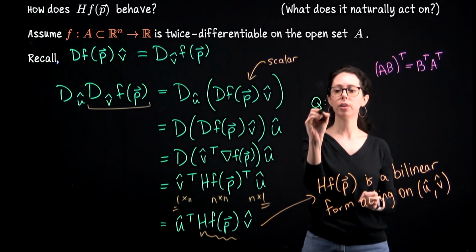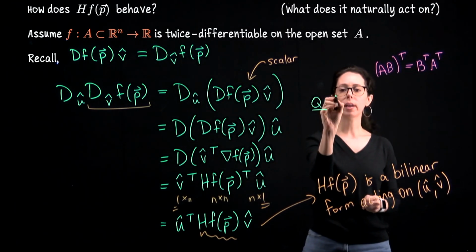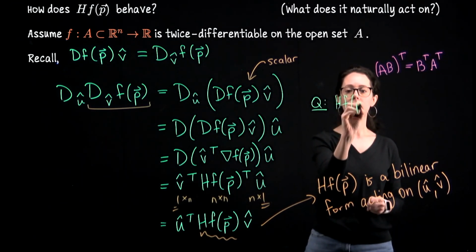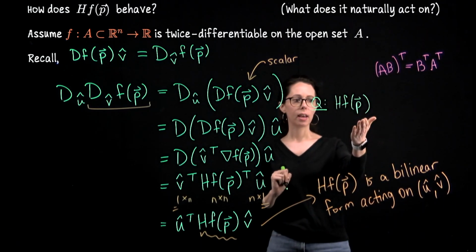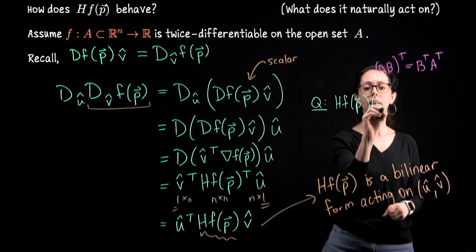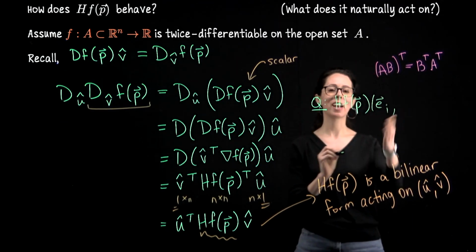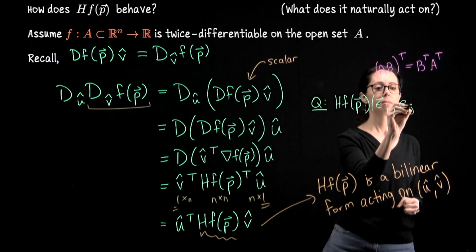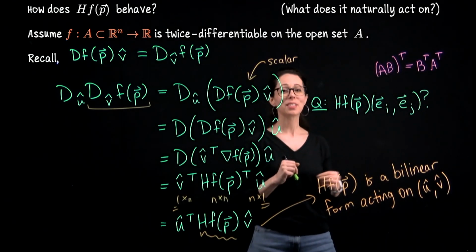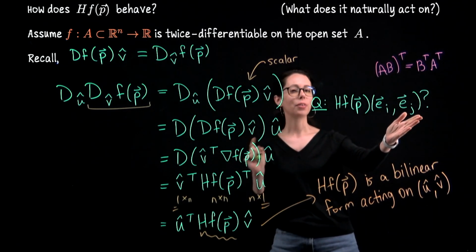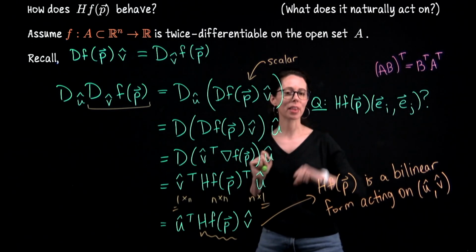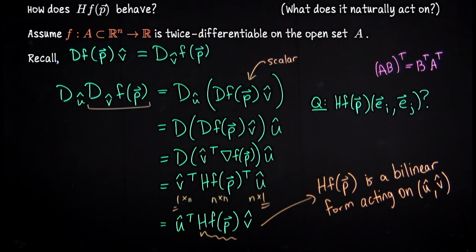This is a question for you to work out for a couple minutes. What is the Hessian matrix acting on the pair of standard basis vectors given by the ith standard basis vector and the jth? See if you can compute that. And if you do it correctly, it should remind you of something that we've already written down today.